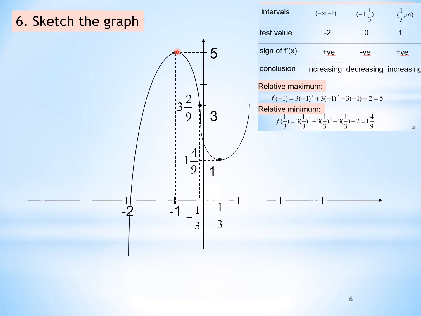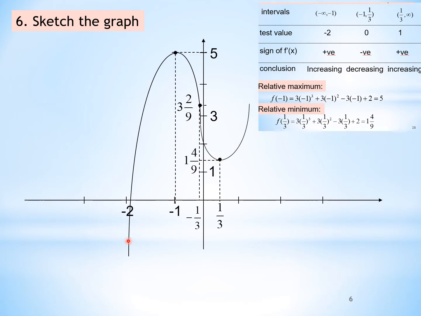This is increasing, and then from negative 1 until 1 over 3, the curve is decreasing here. And then again from 1 over 3 until infinity, it increases. Again, it increases here. Okay, so that's how your graph looks.